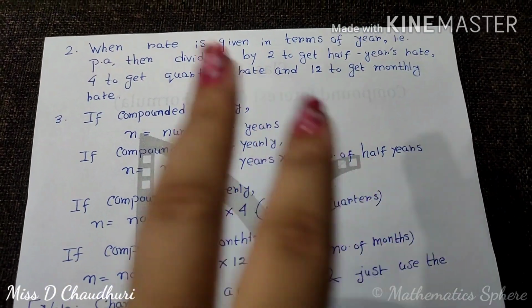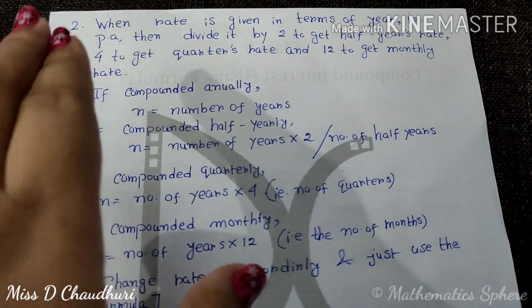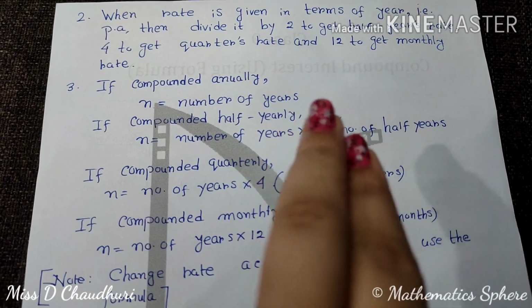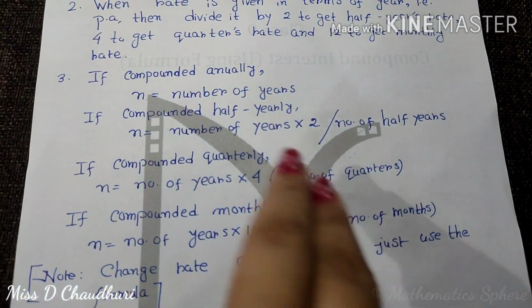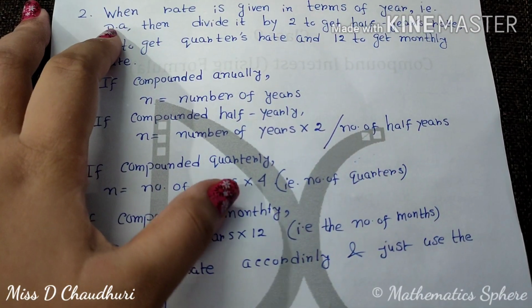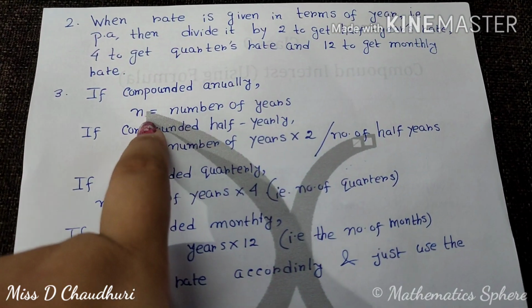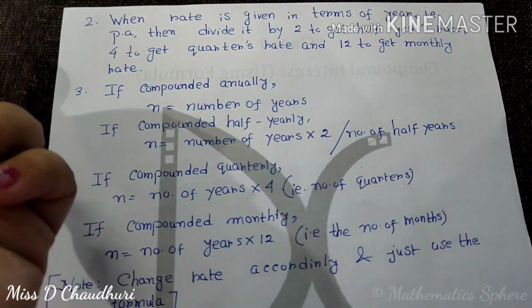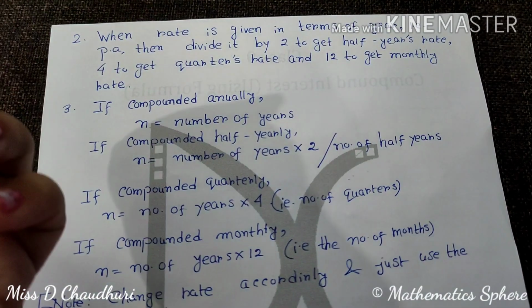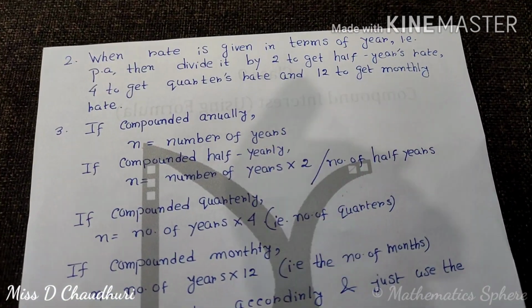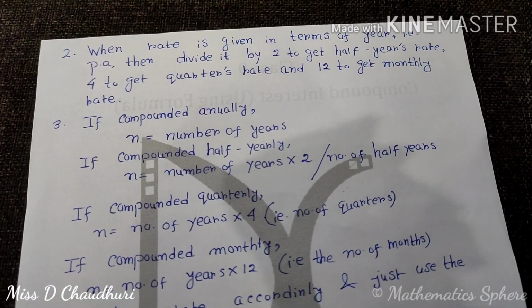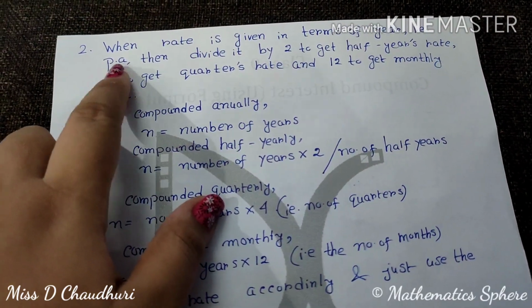If it is given that the interest rate is calculated annually or yearly, then the rate will be per annum and n will be the number of years. If it is said that the interest is reckoned semi-annually or half yearly, then you are going to take the per half year rate.